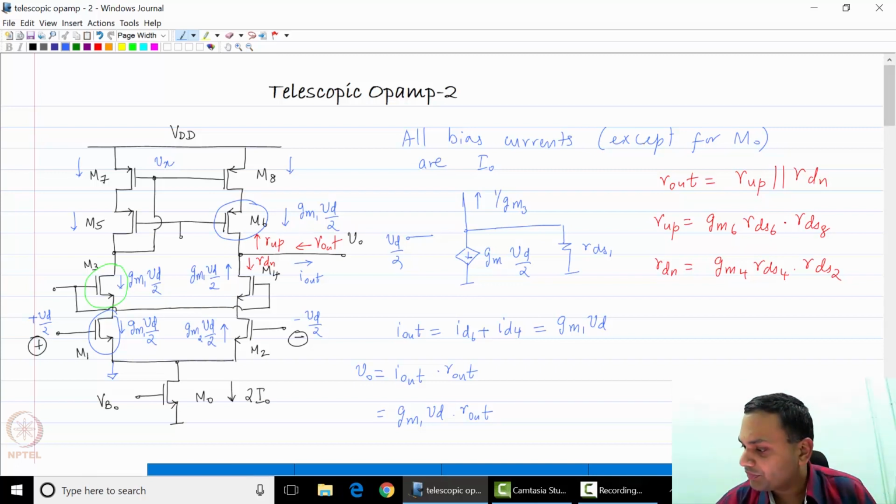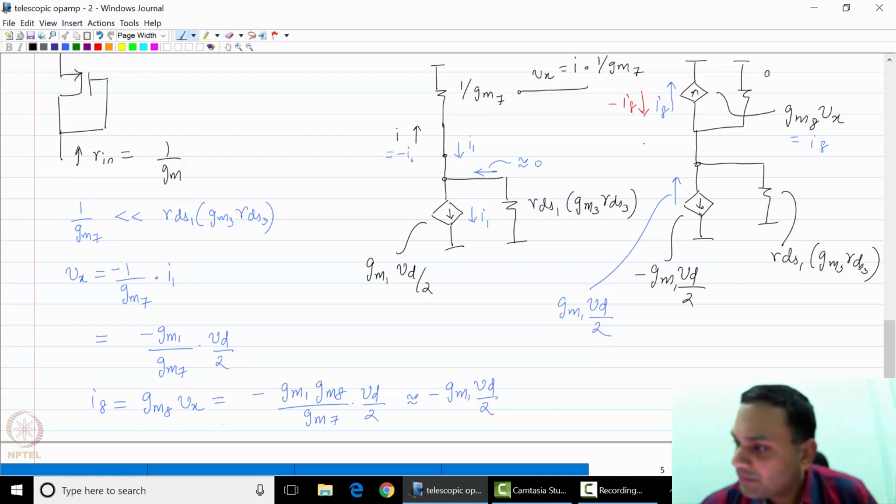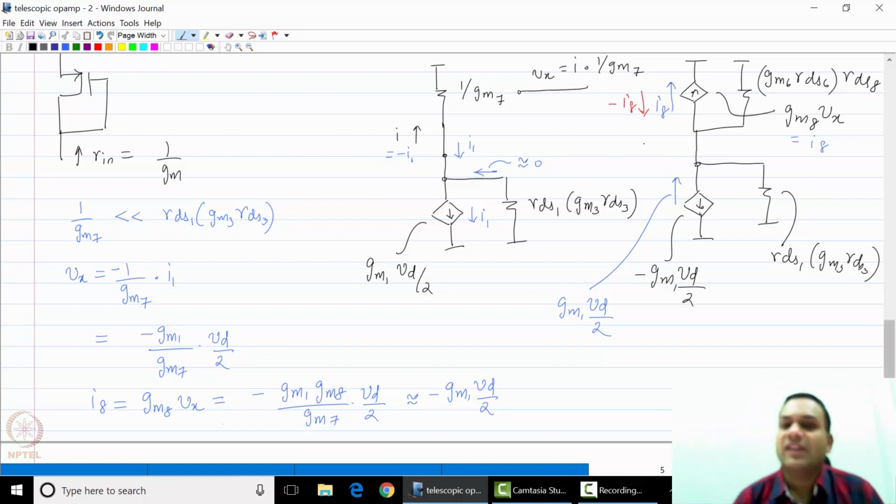This is because we have drawn the simpler equivalent circuit of the upper cascode transistors.